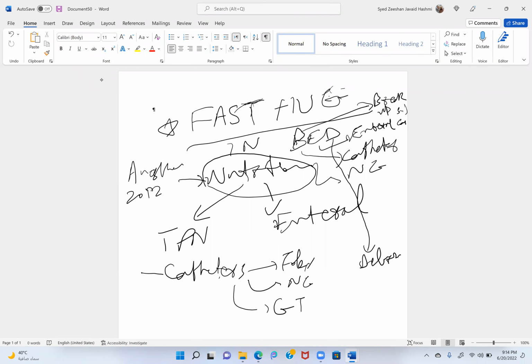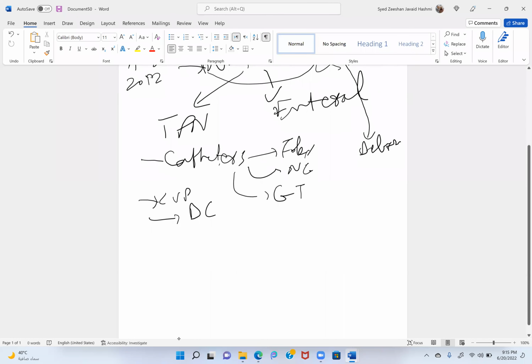There may be some other lines like CVP, and there may be a dialysis catheter. What else? Anything else? So you have to take care of them. And nutrition is very important.